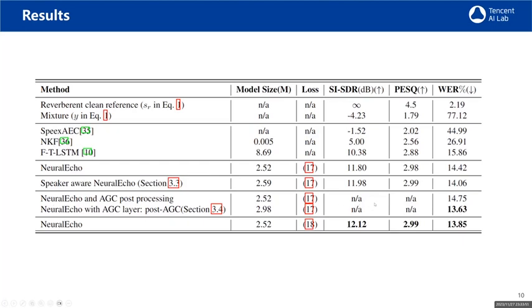Here, with the AGC enabled, we're not computing SICR and the test, because we computed SICR and the test based on the reverberant clean target. But the AGC branch does the dereverberation, so for a fair comparison, we do not show the SICR and the test for the neural network model with AGC branch. Finally, we use the new loss function with the single and double talk ratio dependent parameters. It achieves the better result.